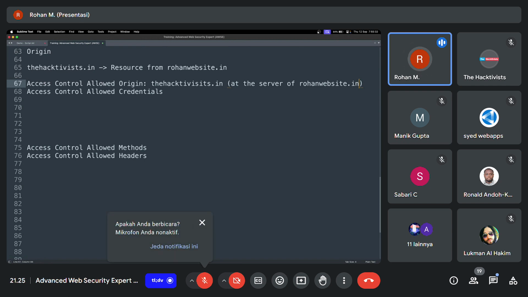It will be very helpful for you as a developer in scenarios wherein you have to share the data across your partner companies, across your sister companies. For example, maybe Facebook and WhatsApp, both of them fall under the same parent company Meta. So if Facebook wants to share data with WhatsApp.com, with the help of cross-origin resource sharing, easily they will be able to do it.